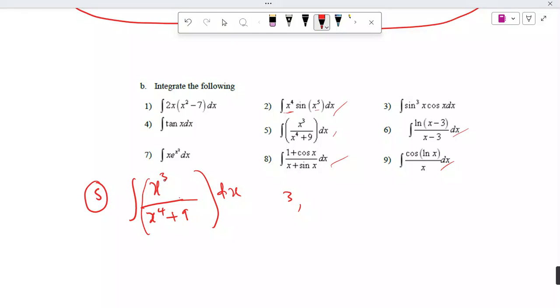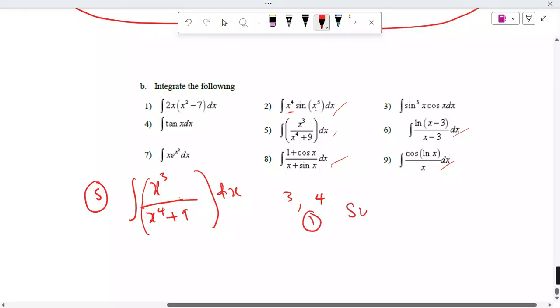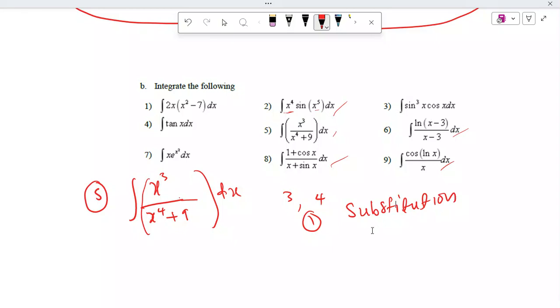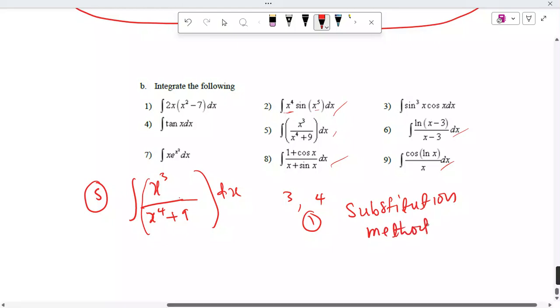This is x to the power 3, this is x to the power 4. You subtract to give you 1, so meaning substitution method. Substitution method is the easiest here, so substitution method is the one to employ.